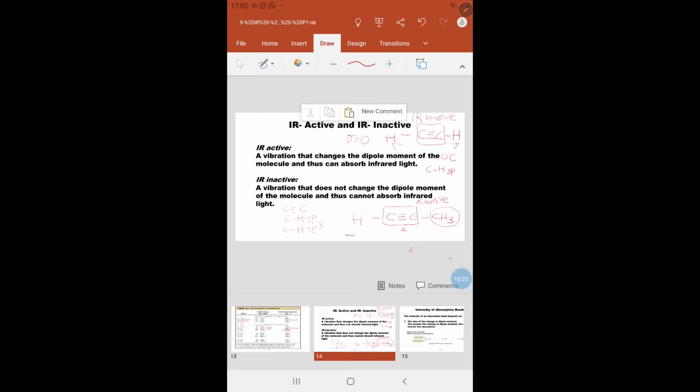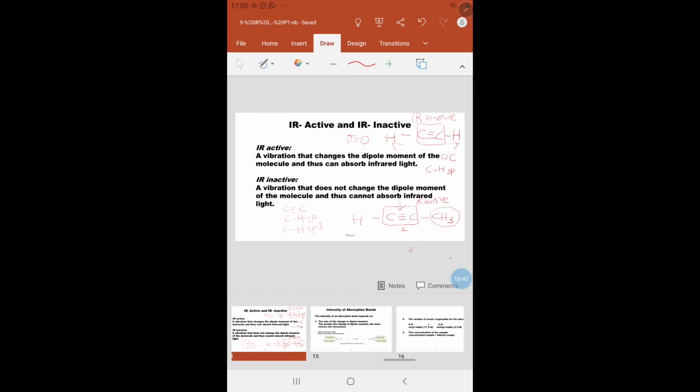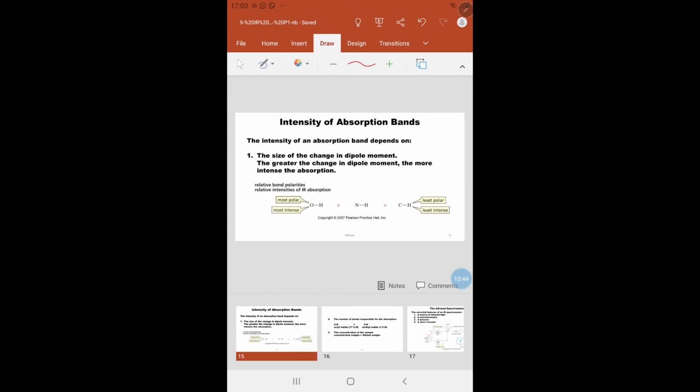No, there is a dipole moment here. That's why the C triple bond C here is IR active. When the bond is IR active, it absorbs the infrared light and you can see a peak in the spectrum. So this is what is meant by IR active and IR inactive.